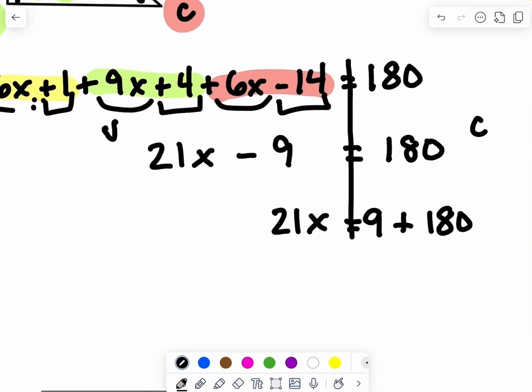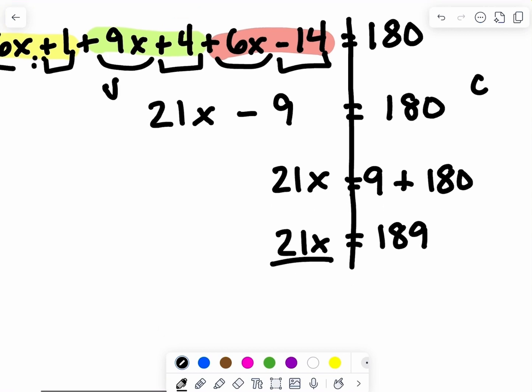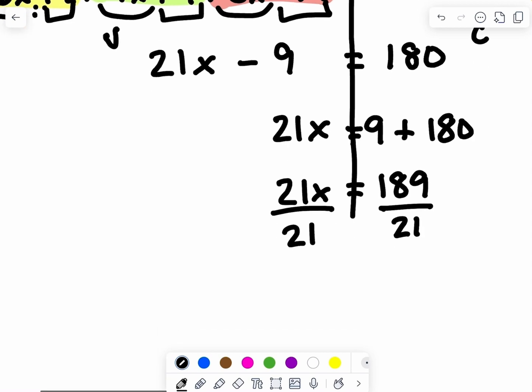So then 21x stays, and 9 plus 180 is 189. And then to get x by itself, I'm going to divide both by the coefficient, 21. And then x will equal 189 divided by 21, which is 9.